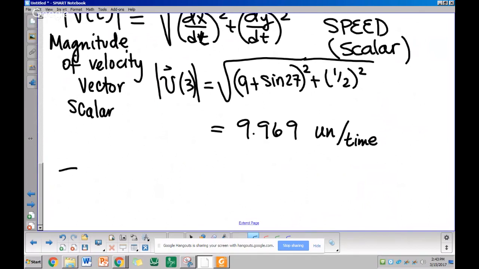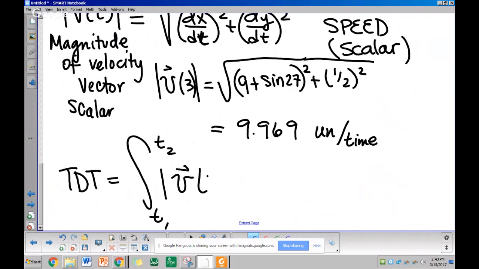Okay, total distance traveled in Vectorville. From time 1 to time 2 of the magnitude of the velocity.